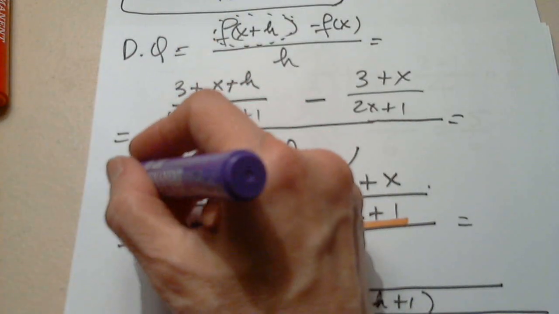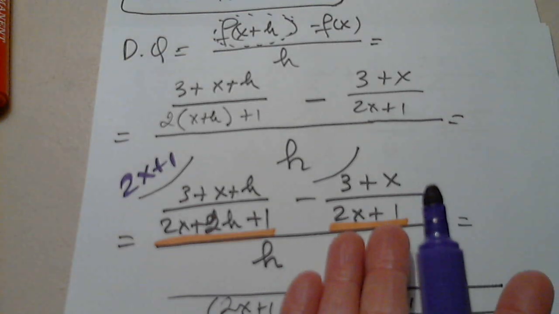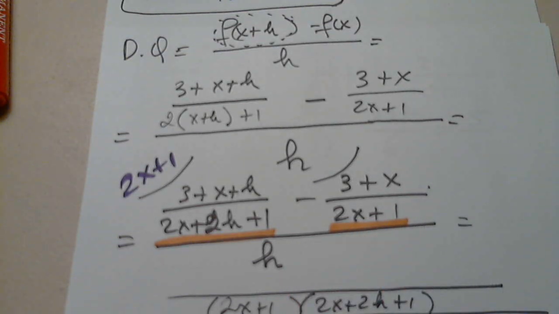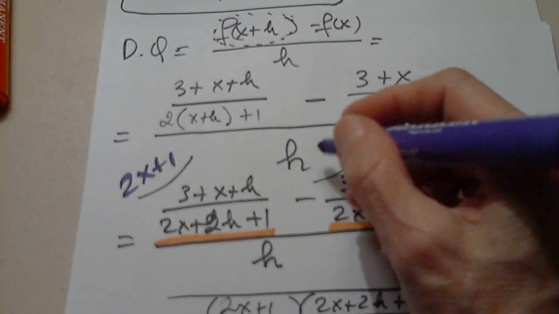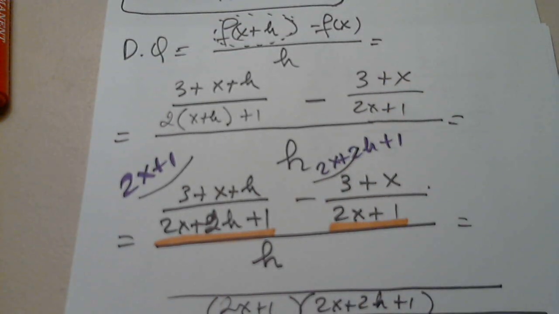That's it. I needed 2x plus 1. And of course, this was multiplied by what? 2x plus 2h plus 1. Exactly the other one. 2x plus 2h plus 1.